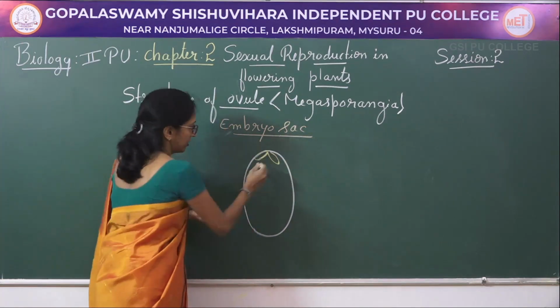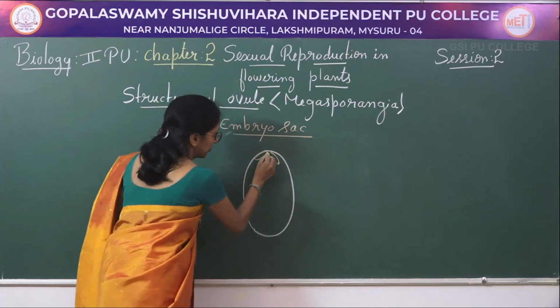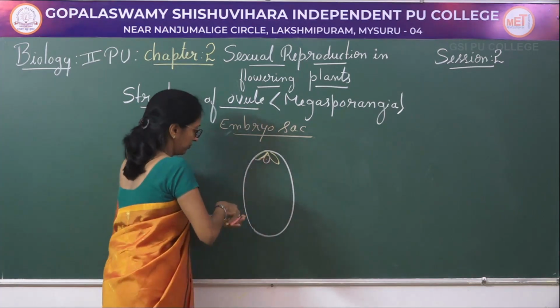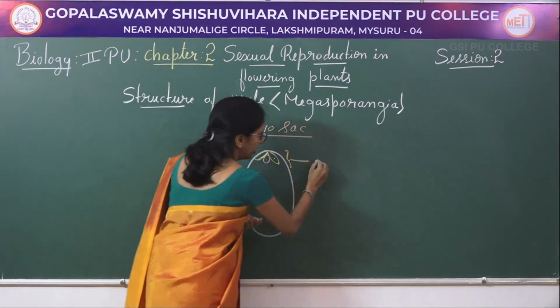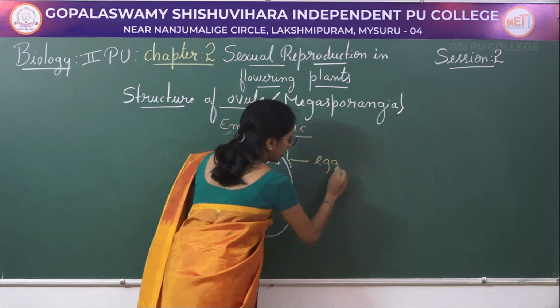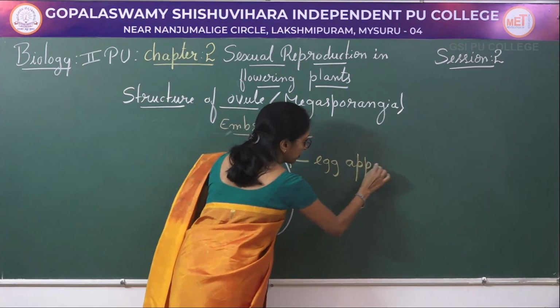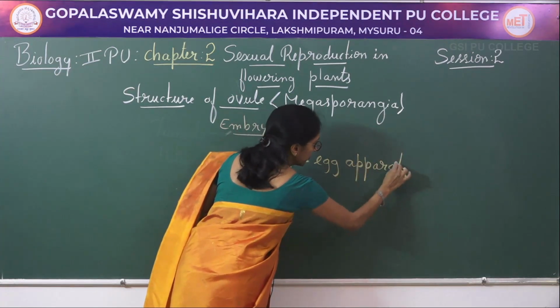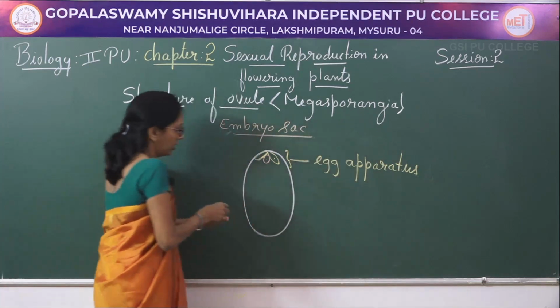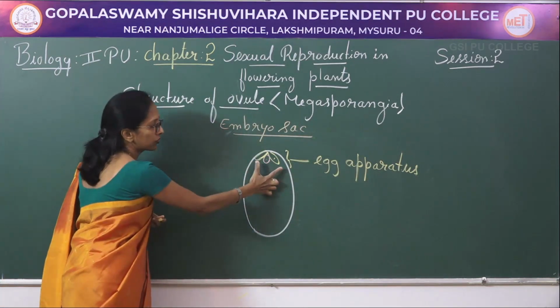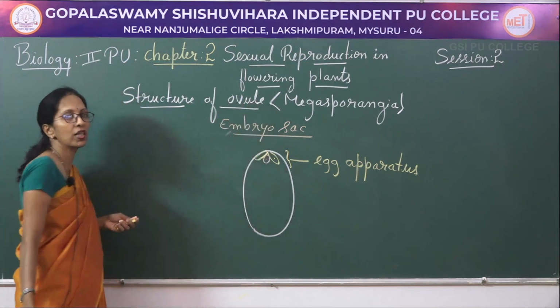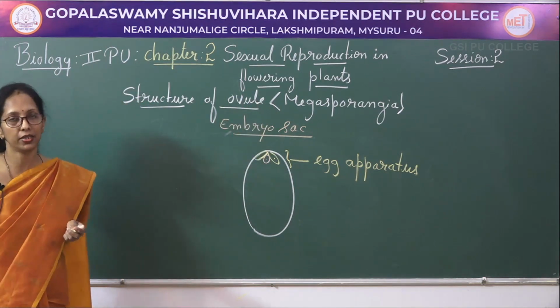This part is said to be egg apparatus. Egg apparatus is the group of three cells present towards the micropylar region.